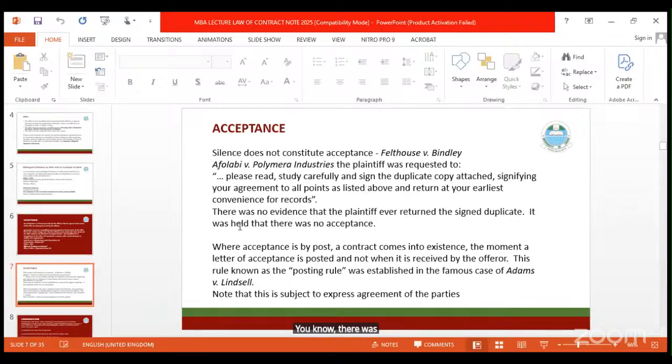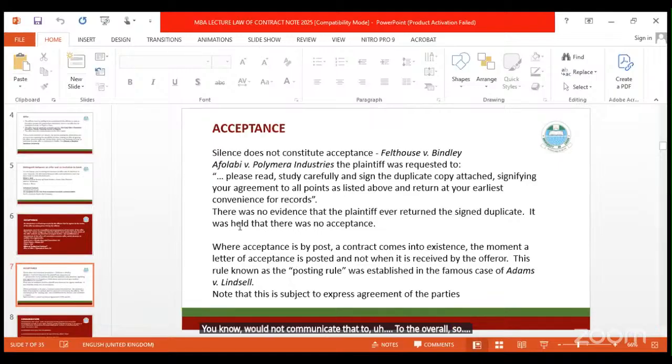There was no evidence that the plaintiff ever returned the signed duplicate. So these are things you have to pay attention to. You sign and keep it, you forgot. Once you kept it, there's no manifestation of that intention, because silence, keeping it in your drawer, will not communicate that to the offeror.